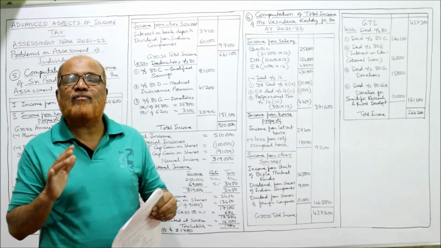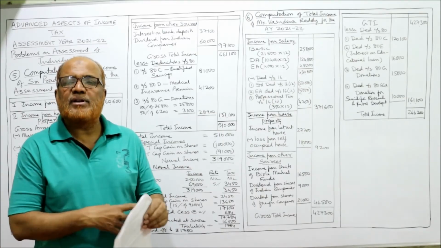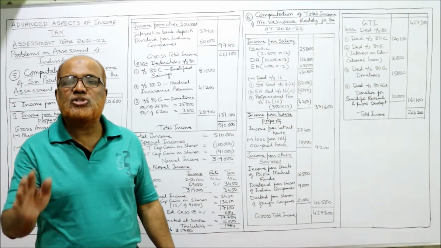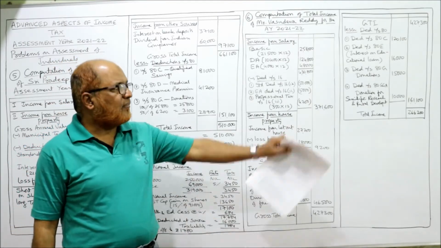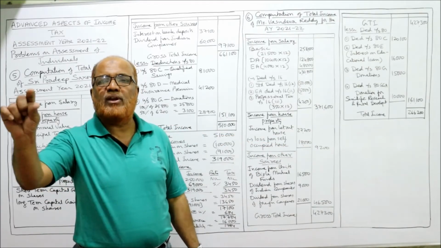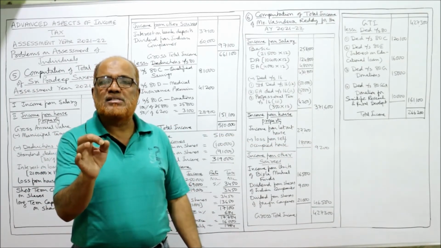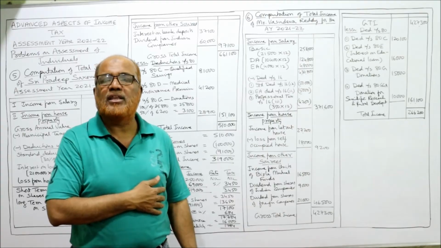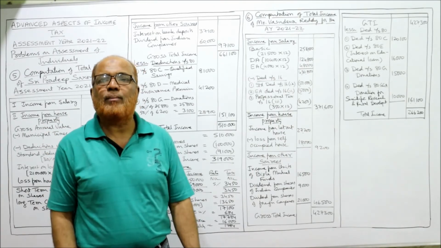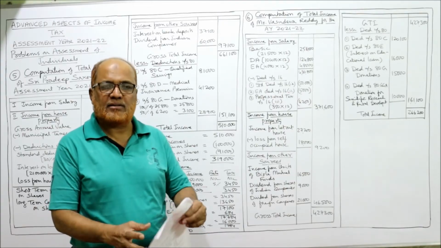Income from HUF received: any income received by a member from a Hindu undivided family is not taxable. So after completing the solution, you must give a note that income received from HUF, Hindu undivided family, is not taxable in the hands of the member. That point you are right.